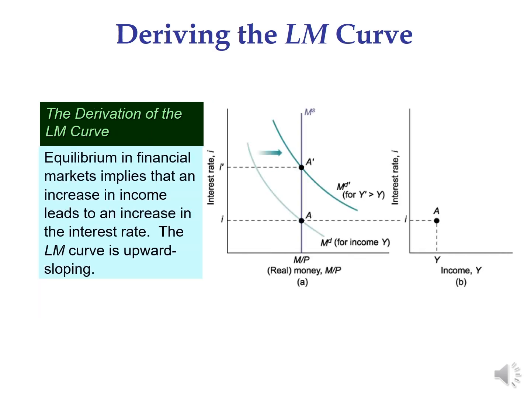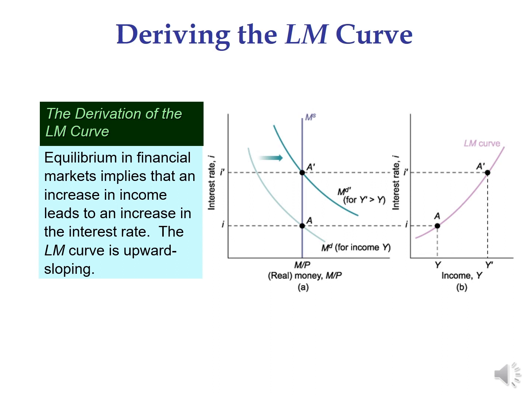Deriving the LM curve, the derivation of the LM curve. Equilibrium in the financial market implies that an increase in income leads to an increase in the interest rate. The LM curve is upward sloping. So how do we derive the LM curve?